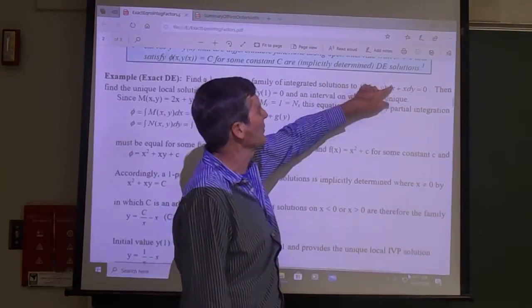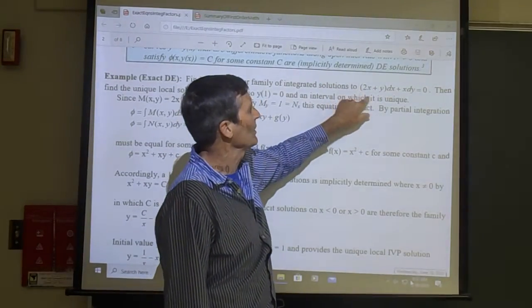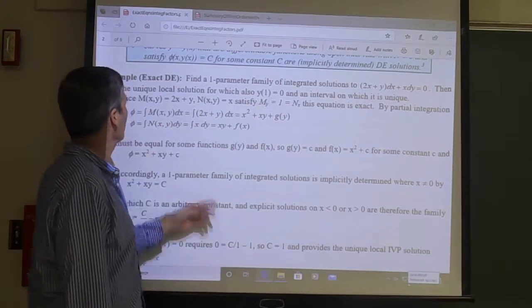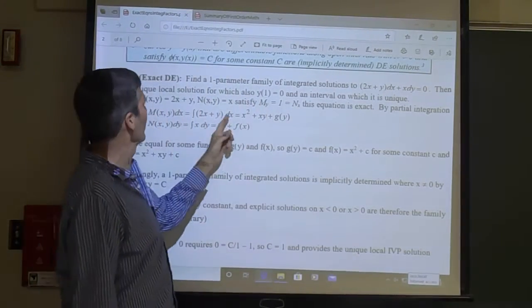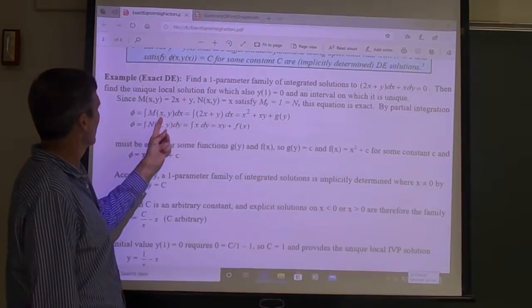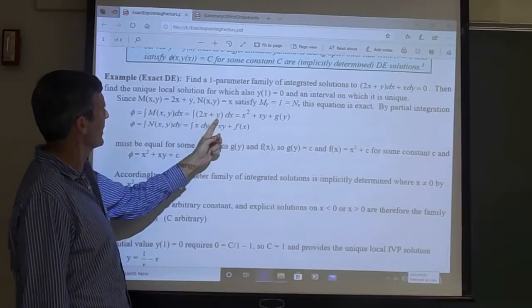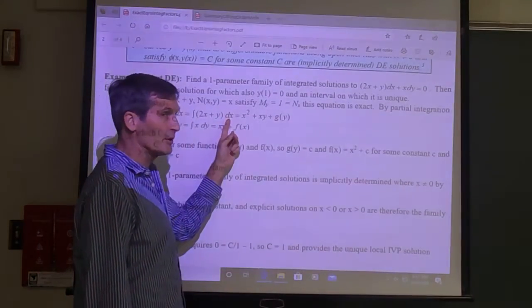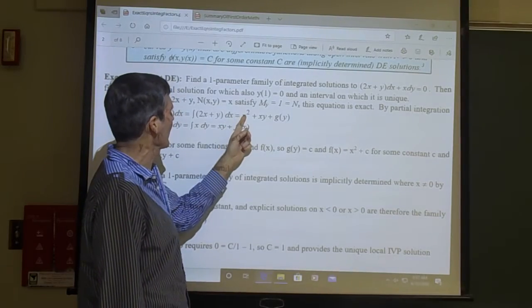This must be the derivative with respect to x of some function, and this the derivative with respect to y of the same function. What must it be? We use partial integration. We integrate m with respect to x. We're taking the integral of 2x plus y; the integral of 2x with respect to x, treating y as a constant, is x squared.